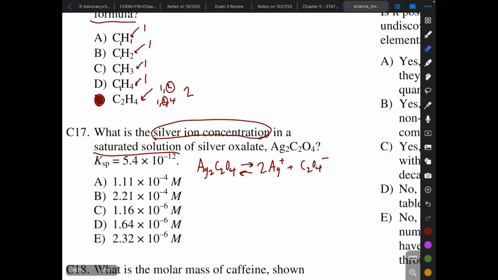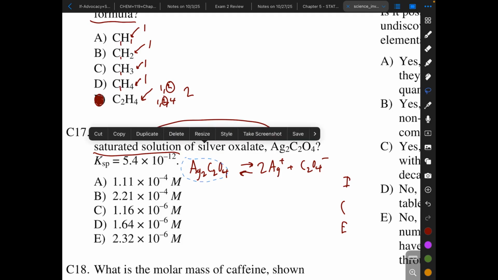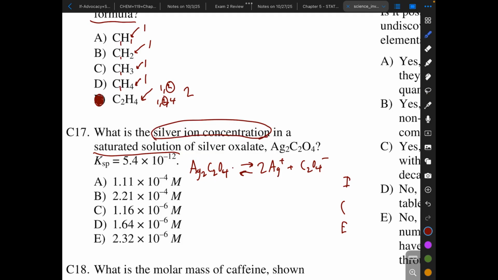We can do this by drawing an ICE table. We don't know the initial concentration, the initial amount of the salt, but we actually don't even need it. Like I said in a previous problem, oh, I forgot to mention, this is solid while the other two are aqueous.